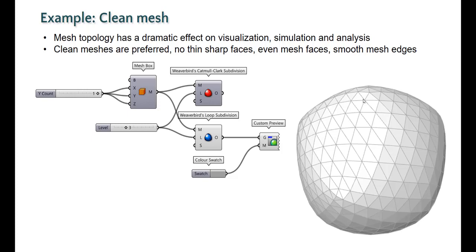So that's great because it'll also take jaggedy forms of meshes and iteratively smooth them out by adding more faces and adjusting the vertex locations. There are a couple of algorithms for that.